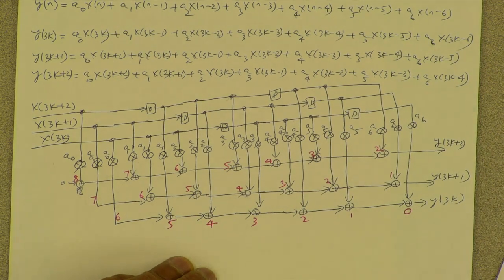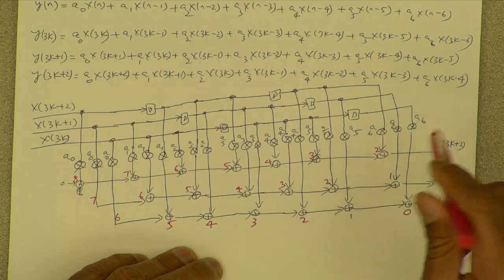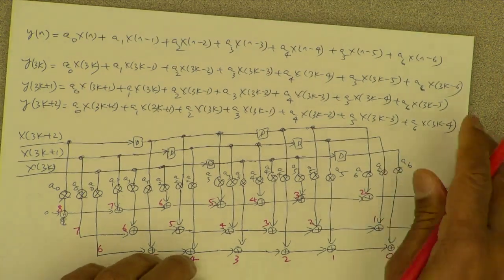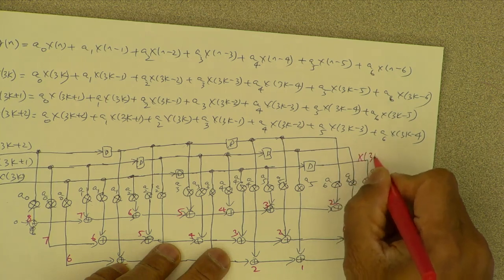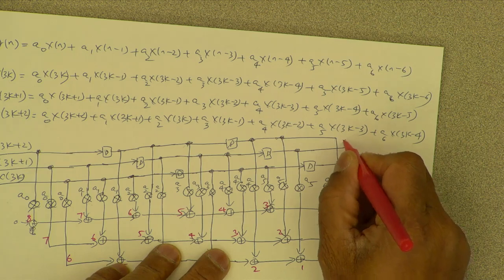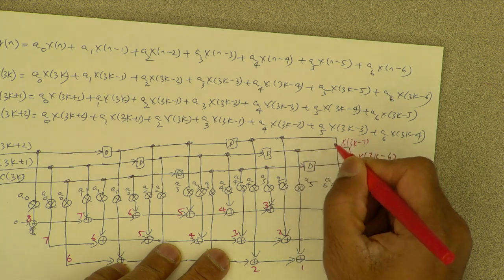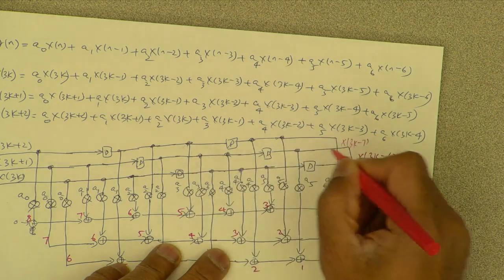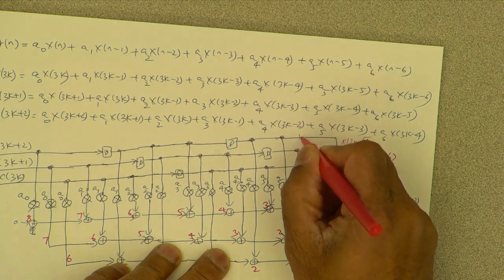Why do you think I am staggering this by 1? This was x3k, so that is x3k minus 6, and this is x3k minus 7; 1 minus 6 is minus 5, and 2 minus 6 is minus 4.